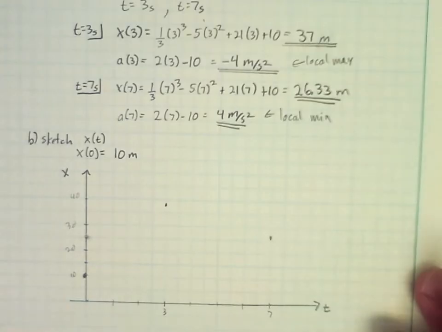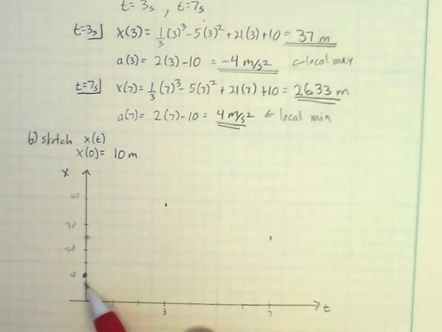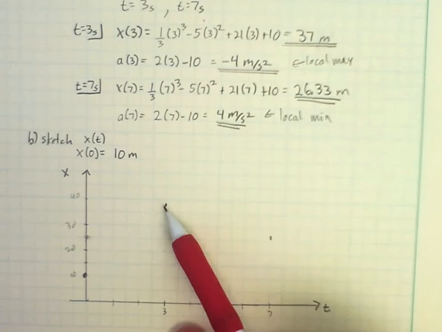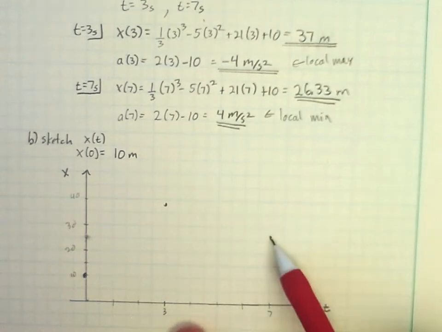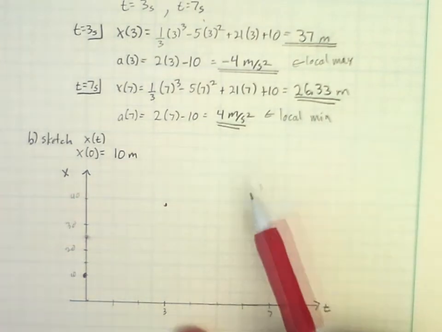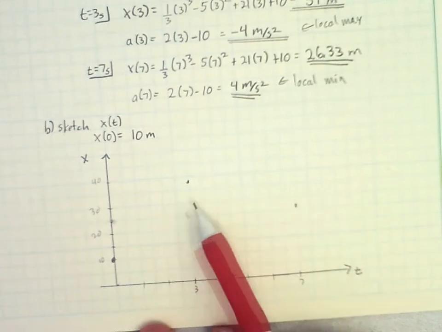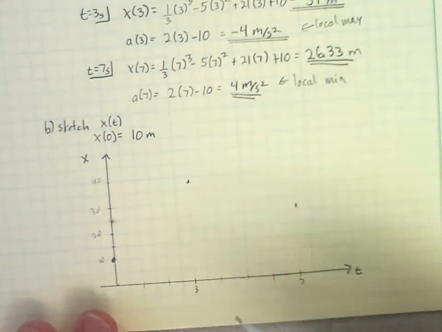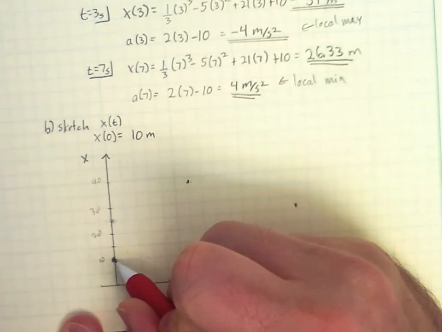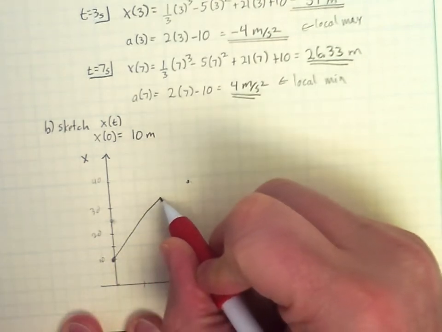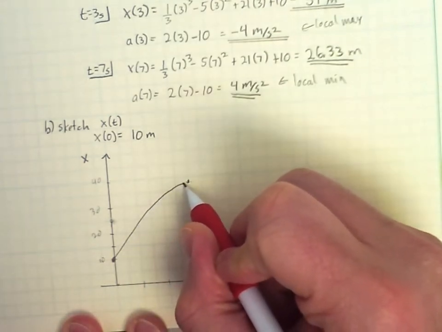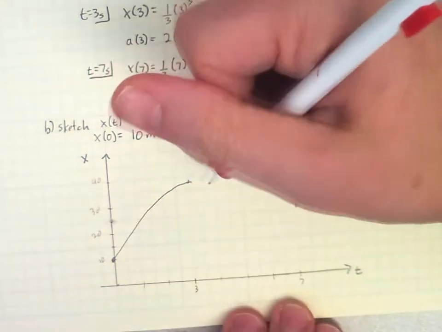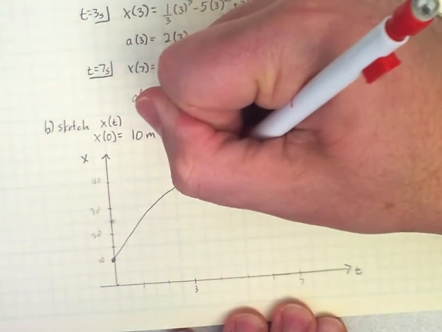So in terms of making our sketch, we know a few things. We know 3 points. We know at 0, it's 10. We know at 3, it's 37. We know at 7, it's 26. We also know that those are a local max and a local min. Since it's a local max, we know around it we're going to curve down. So it's going to go up to there, and when it reaches there it's going to level out because the derivative is 0, and then it's going to start curving down.